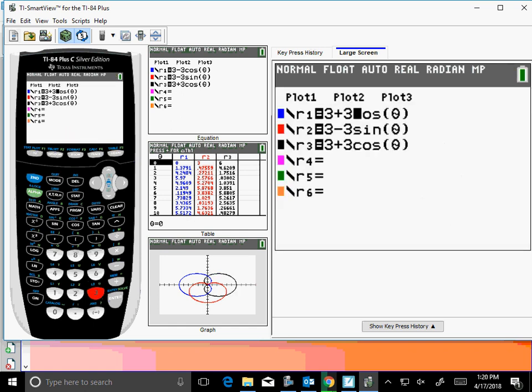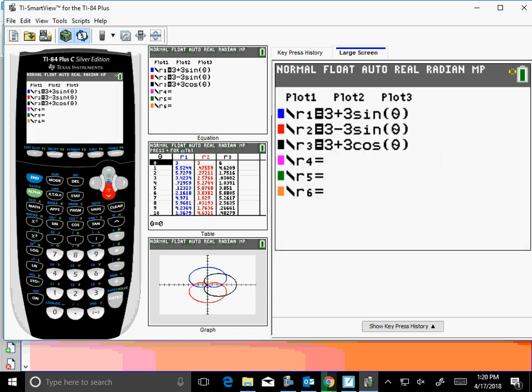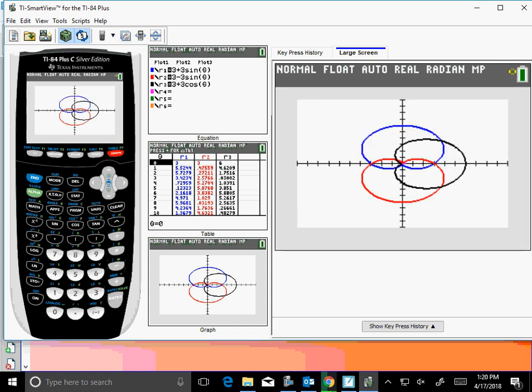I think negative 10 to 10 in both directions. Oh, no. Oh, I screwed it up. So I need 3 minus 3 sine. No. 3 minus 3 cosine. Let's complete it. 3 minus 3 cosine. Oh, that's cool.